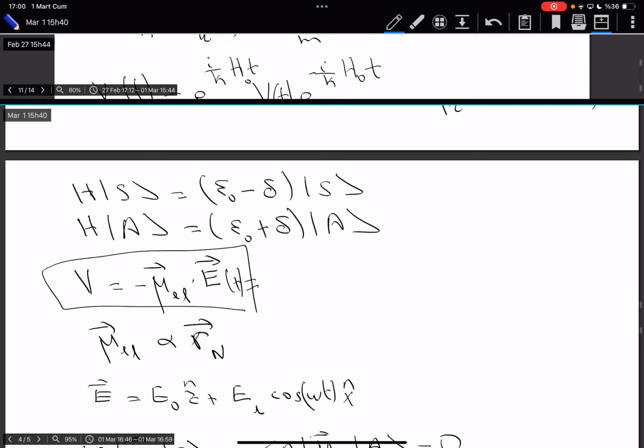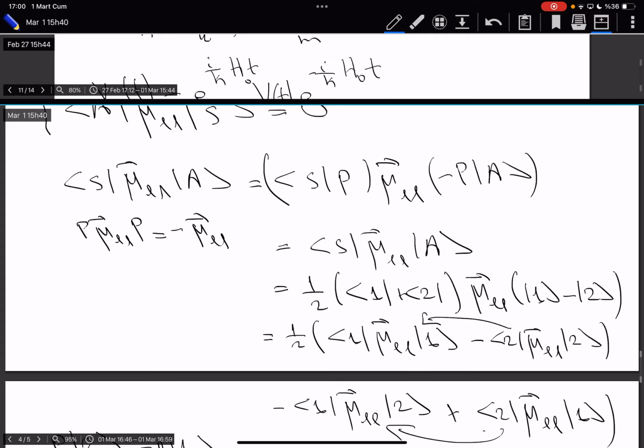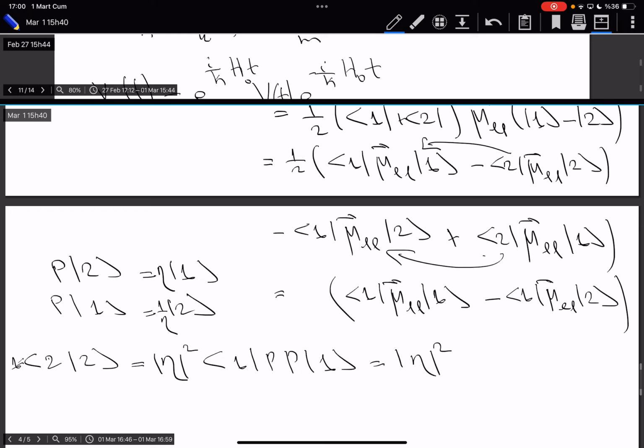So we are back to our initial problem, where we have a diagonal H0 and a time-dependent potential. Of course, if you change the basis, it looks different. Now here I went back to the position basis, if you want, the position of the nitrogen basis, eigenstate basis.